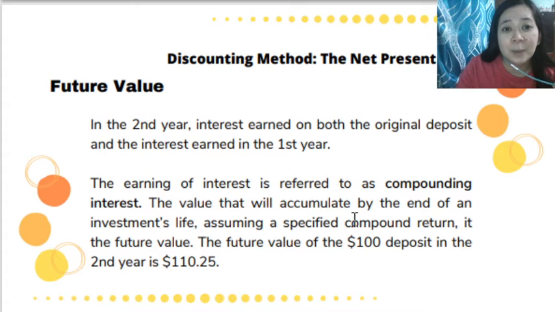So the value that will accumulate by the end of an investment's life, assuming a specified compound return, will be, of course, in the future. So the future value after 2 years of your investment for $100,000 with 5% interest after 2 years is $110.25. So that's how we apply the future value of money.